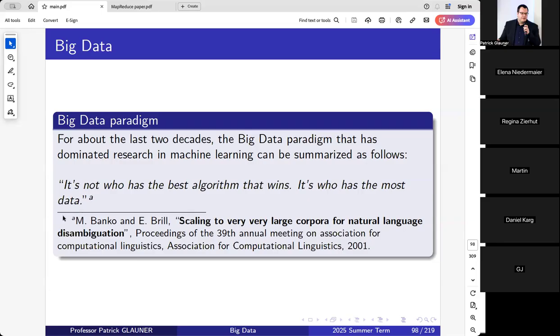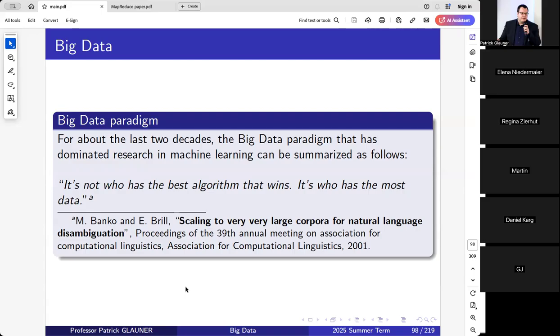It's very important that it does not come from this paper. But this paper here from 2001 had huge impact on the natural language processing field. It was called Scaling to Very, Very Large Corpora for Natural Language Disambiguation. But something that was very, very large 24 years ago is maybe not that large by today's standards.